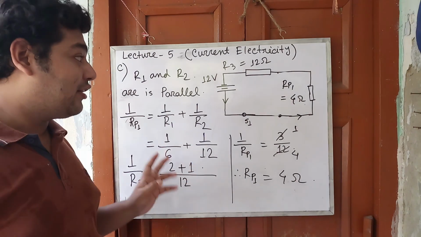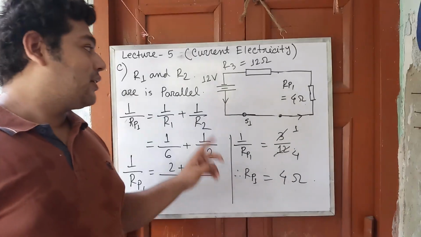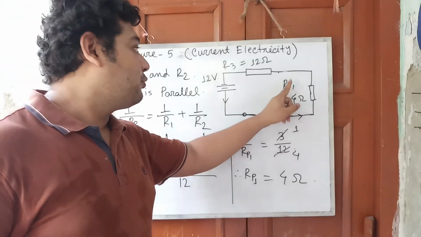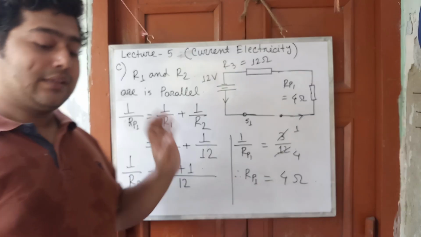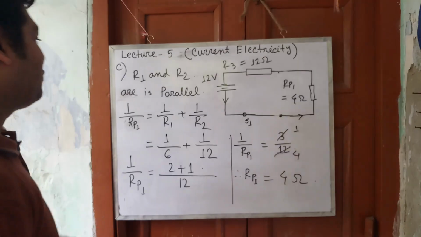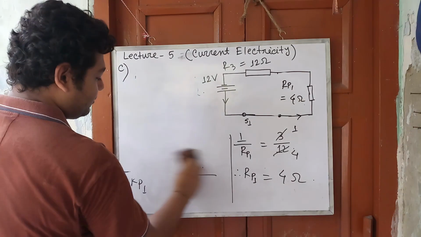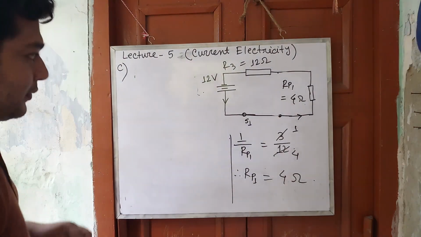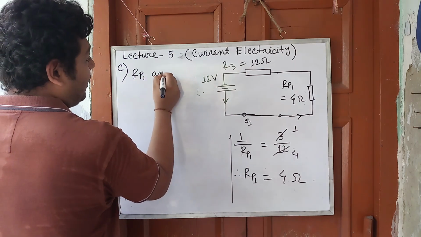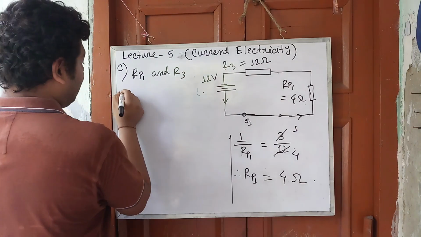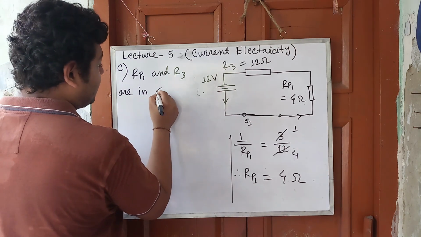So according to the definition of series combination, RP1 and R3 are in series.